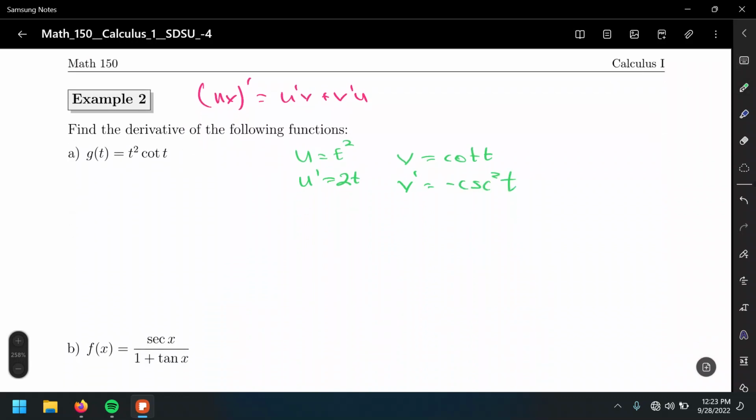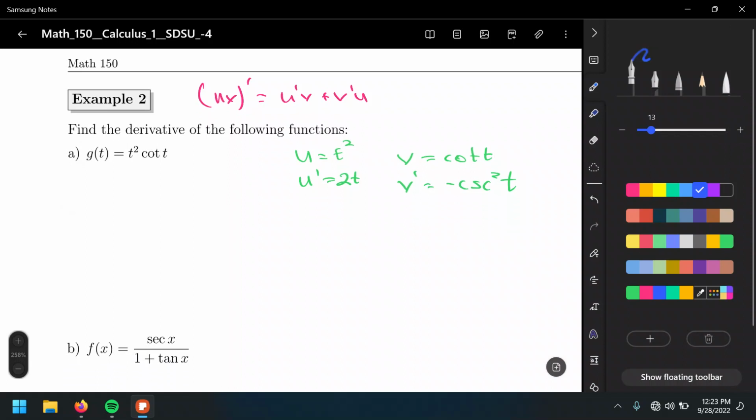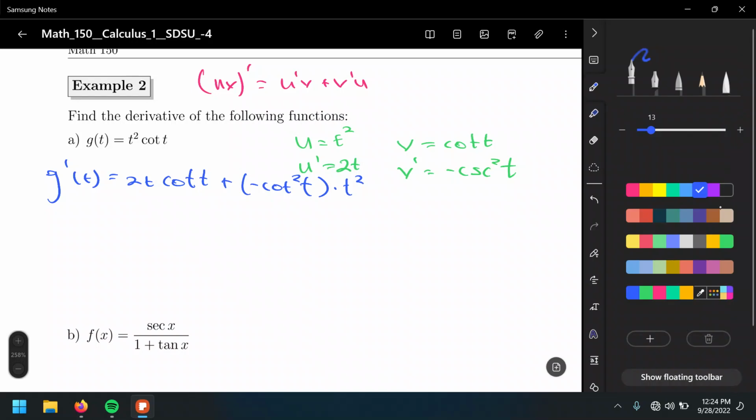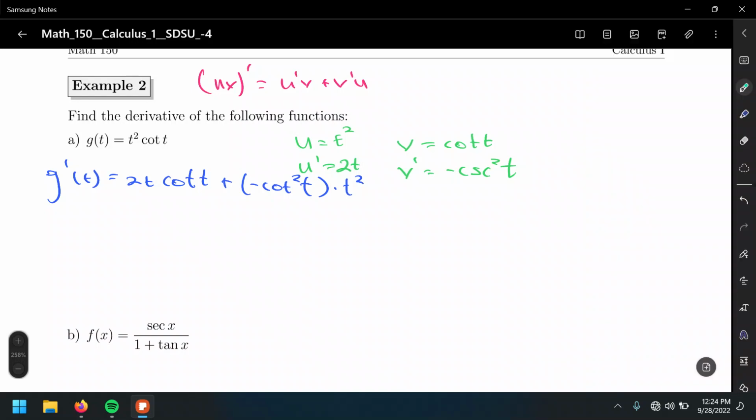So let's put everything together in accordance with the product rule. In this case, g prime of t will be u prime, which is 2t, times v, plus v prime, which is negative cotangent squared t, and that times u. Okay, let me just label everything so you can relate to what we're doing.